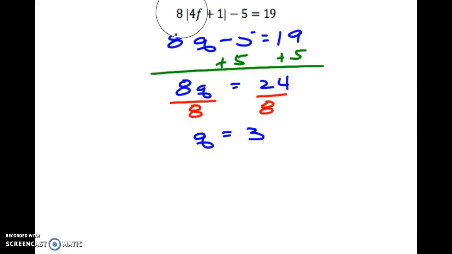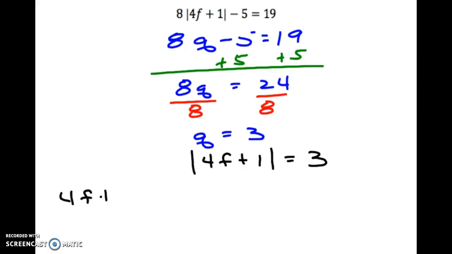Now remember, the q was replacing the absolute value. Right there. So what we have right now is the absolute value of 4f plus 1 equals 3. Now that the absolute value is by itself, we can set up our 2 cases.